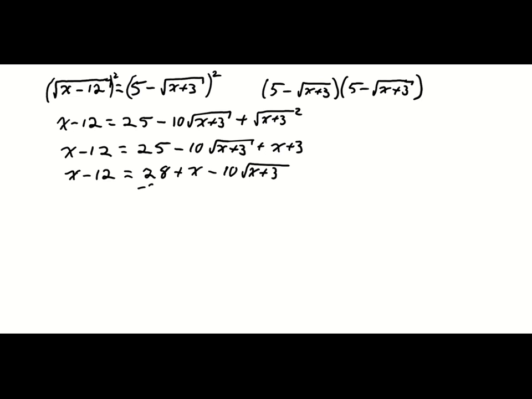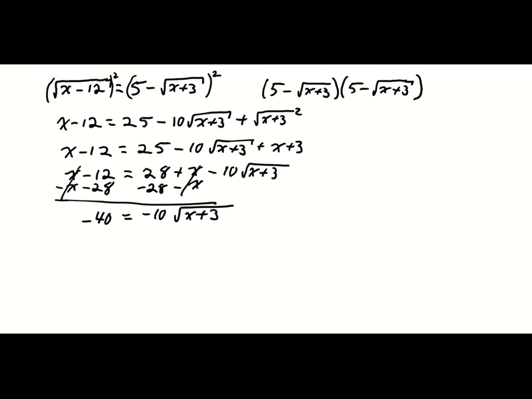So we're going to subtract the 28 and subtract the x. So the x's actually cancel out on both sides, and we end up with negative 40 equals negative 10 times our square root.